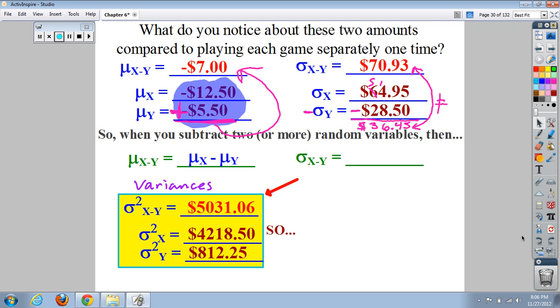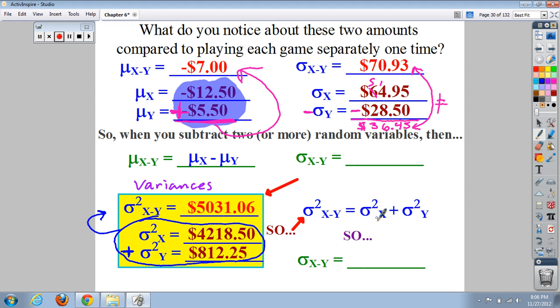That was a property of standard deviations that we once upon a time talked about. So if we get the same numbers here, we know what's already going to happen based on the previous example. We know these two things are going to add together to equal this. So whether you're adding or subtracting random variables, the standard deviation is always going to be the sum of the variances, and then the square root of that.